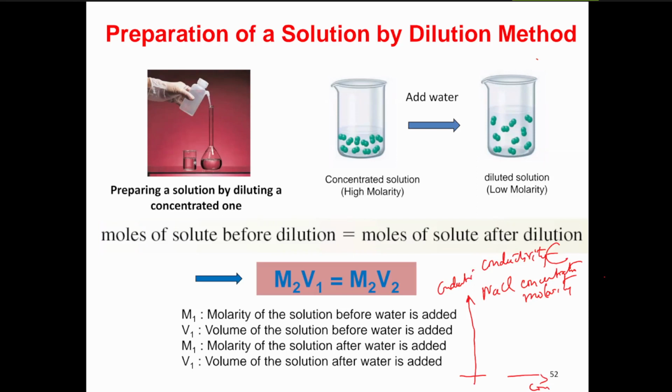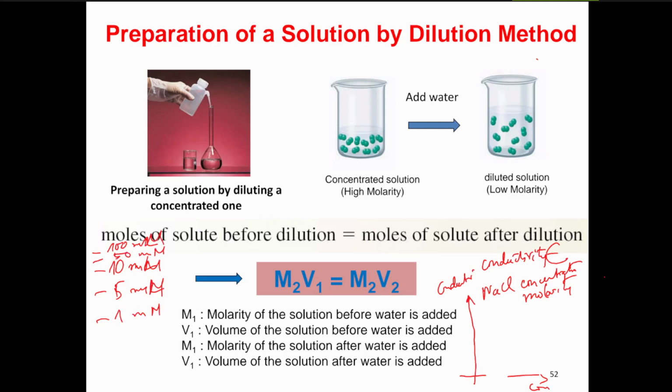So to do that, you need to prepare a series of sodium chloride solutions with different molarities. For example, you need to prepare one solution with 10 millimolar, one solution with 100 millimolar, one solution with 5 millimolar, one solution with 50 millimolar, and one solution with 1 millimolar.